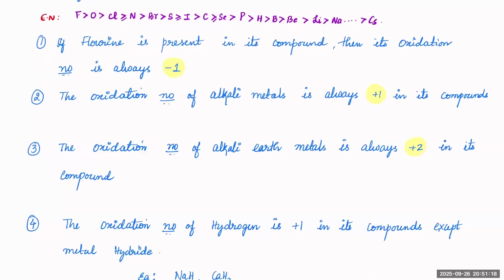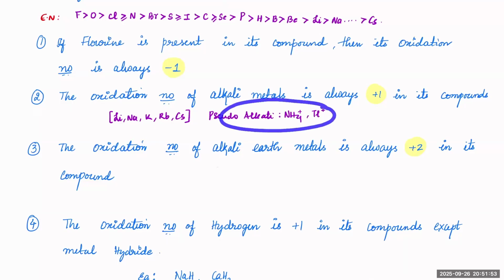Likewise, if we compare the oxidation state of alkali metals, what are all the alkali metals, everybody? Lithium, sodium, potassium, rubidium, cesium. These are all alkali metals, and there are also pseudo-alkali species, which behave like alkali metals. That implies NH4+ and thallium+. These two will also showcase +1 oxidation state most of the time.